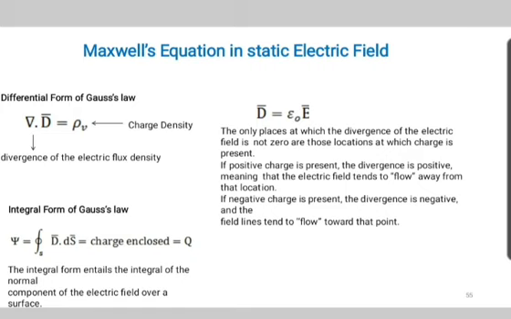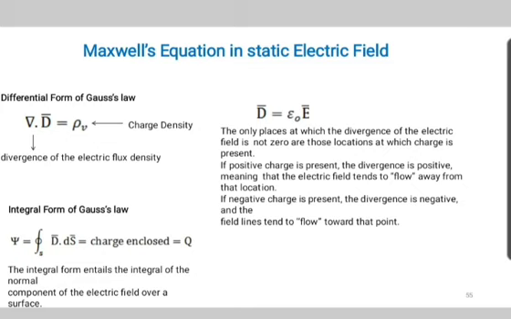Then Maxwell's second equation is the point form of Ampere's circuital law. The curl of magnetic field intensity is equal to the current density. So del cross H bar is equal to J bar, where H bar is the magnetic field intensity and J bar is the current density.